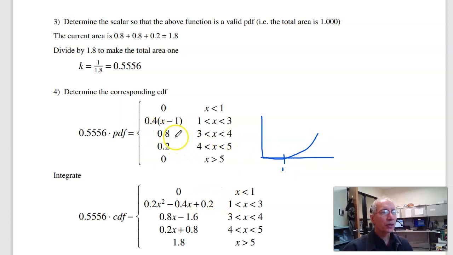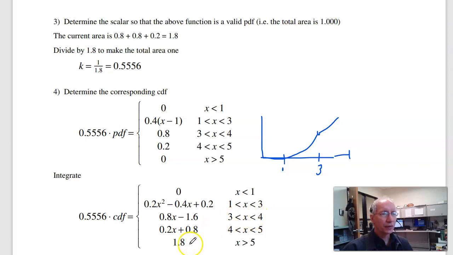Between 3 and 4, the integral of 0.8 is 0.8x plus a constant. To find the constant at 3, it's got to match up with the previous function, and you wind up with minus 1.6. Between 4 and 5, the integral of 0.2 is 0.2x plus a constant, matching up with what is between 3 and 4.